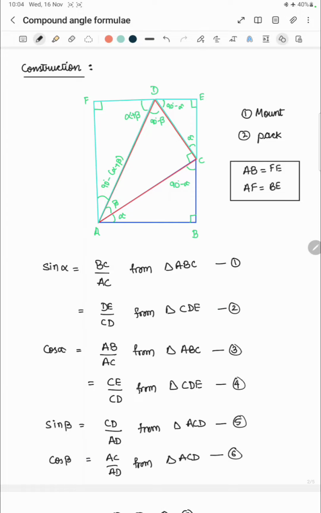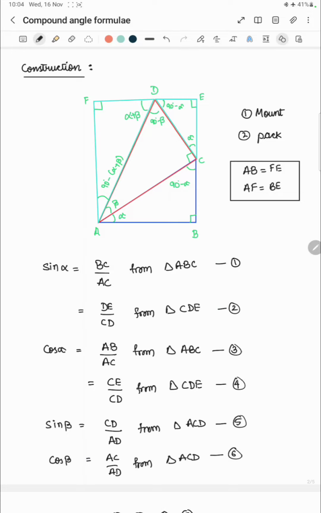Now for the angle beta, we don't have many triangles, we just have one, this guy. Look at this guy, all red and looking stupid. Okay, ACD. Now in this triangle, what is the sine of beta? Sine of this angle beta, opposite side CD by hypotenuse AD, CD by AD.